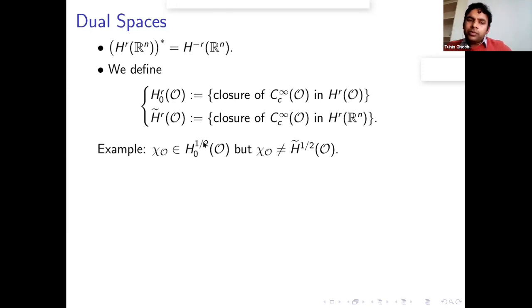And in particular for one half, you also know there is another space called the Lions-Magenes space, H^{1/2}_{00}, and those spaces are defined through the distance function from a point inside the domain to the boundary.